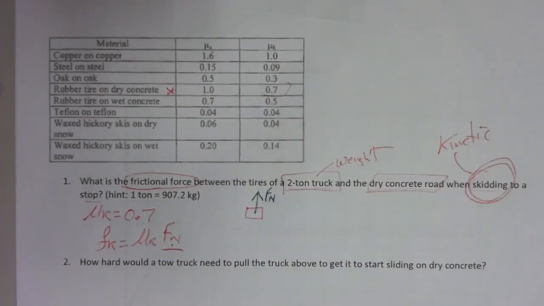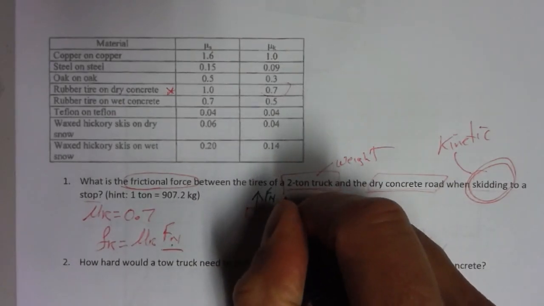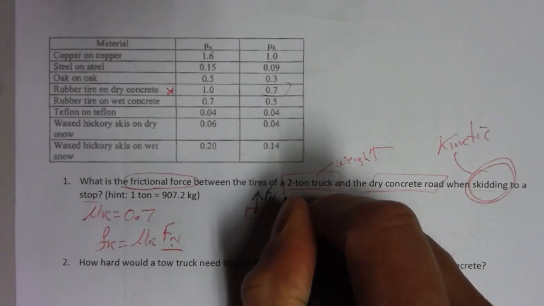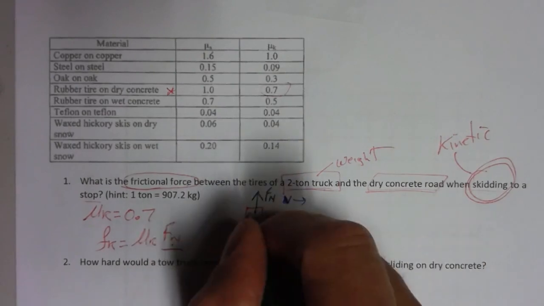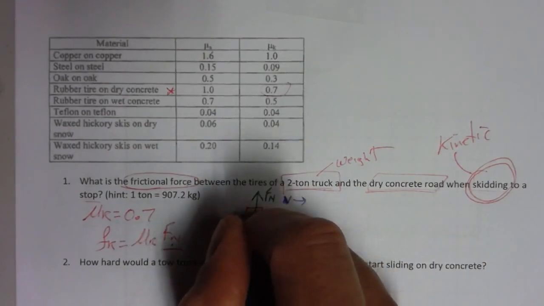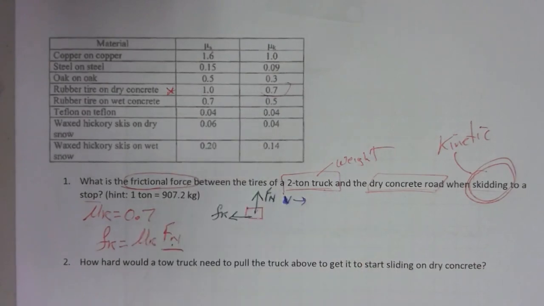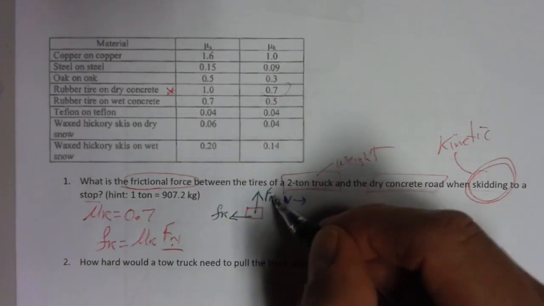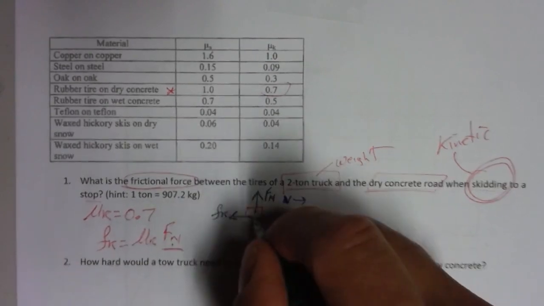If the truck is sliding to the right, I'm just going to note that its velocity is to the right, because that's going to tell me the direction of the friction. The friction will be to the left then. Now the road's touching it, and then gravity, of course, reaches out and grabs you.